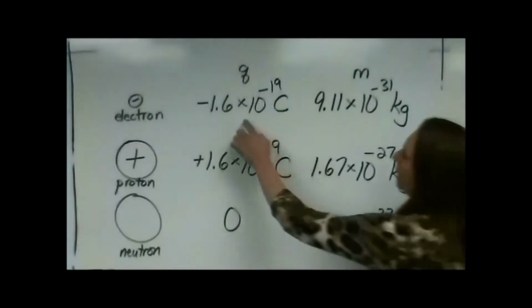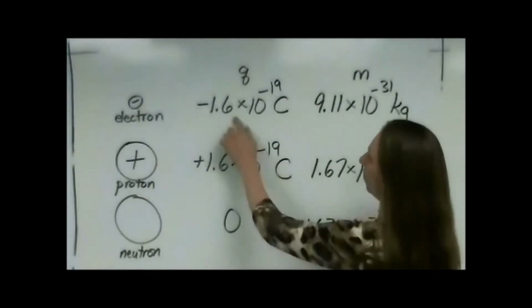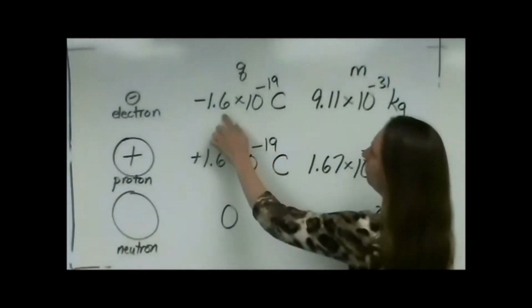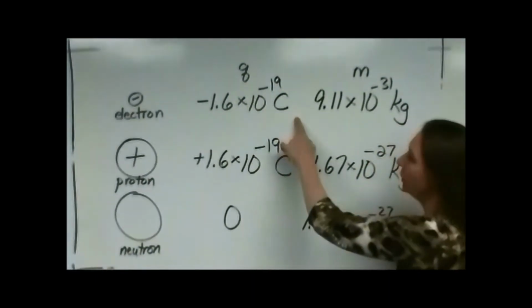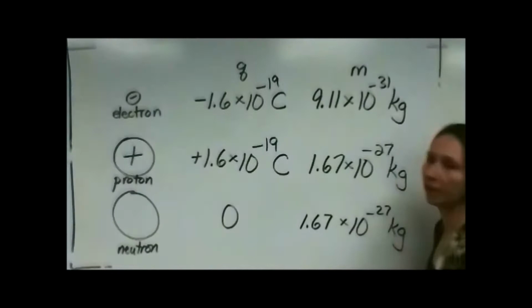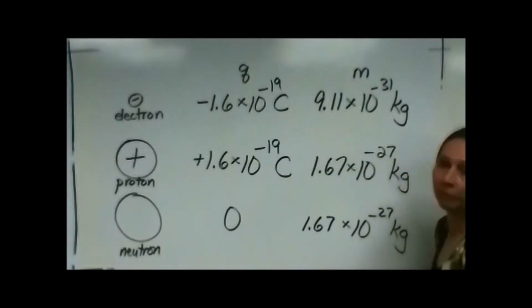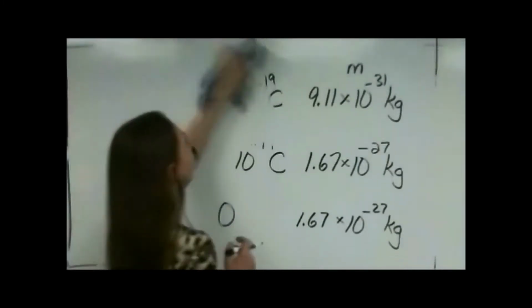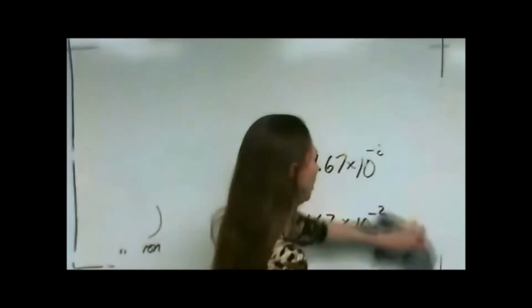Now, this number, 1.6, we'll take the absolute value for the purpose of discussion. 1.6 times 10 to the negative 19 coulombs. This number is called one elementary charge. Again, look on the front of your reference tables.